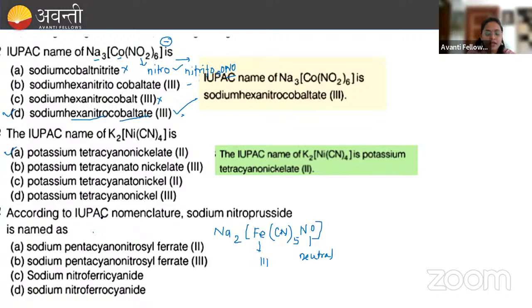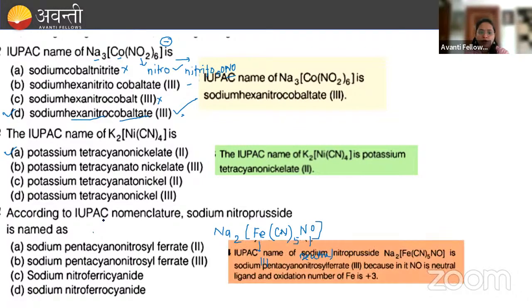Okay. So here, according to the IUPAC nomenclature, sodium nitroprusside is named as sodium pentacyanonitrosylferrate(III). Sodium pentacyanonitrosylferrate(III). So that will be our answer.